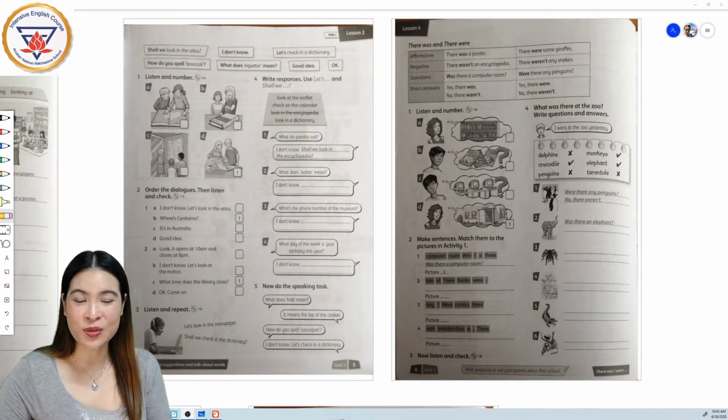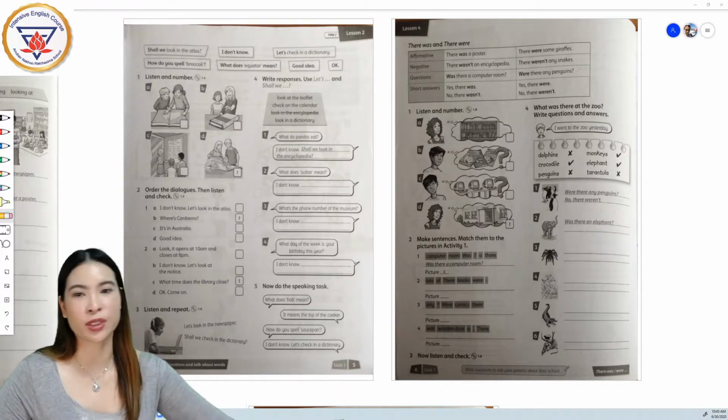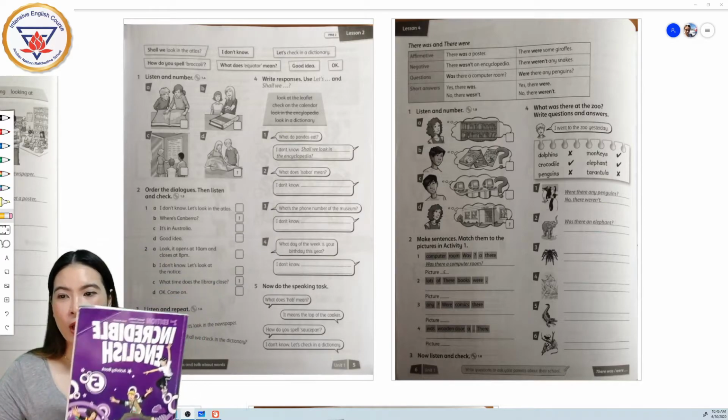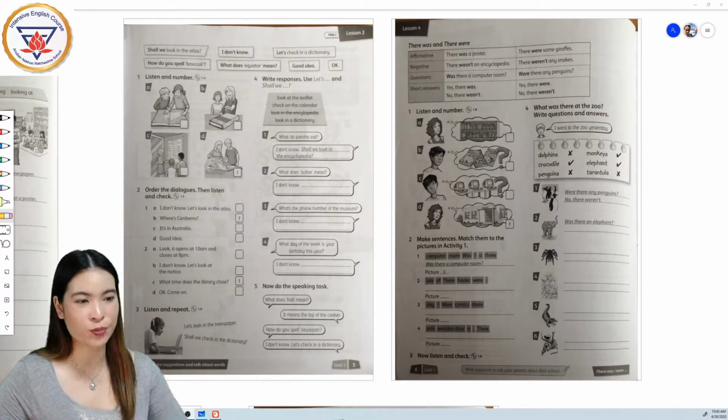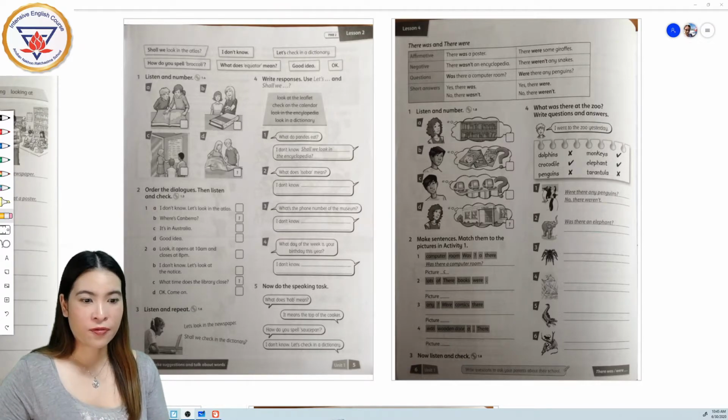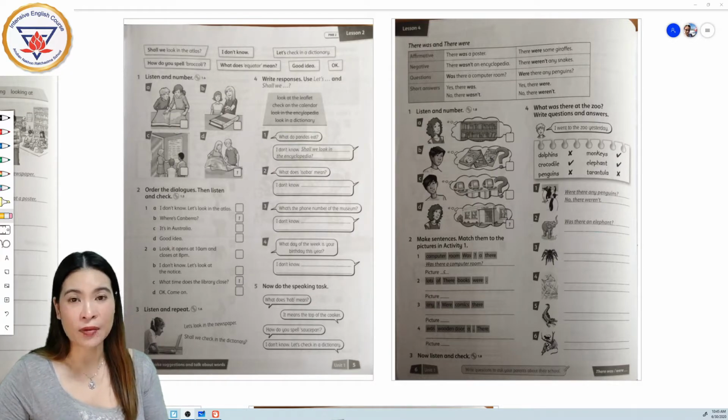For this lesson, we're going to start out with the activities book. So everyone, please take out your activities book and turn to page 5 first. I remember that I gave you an assignment on activity 4, page 5, but I haven't actually given out the answers yet.